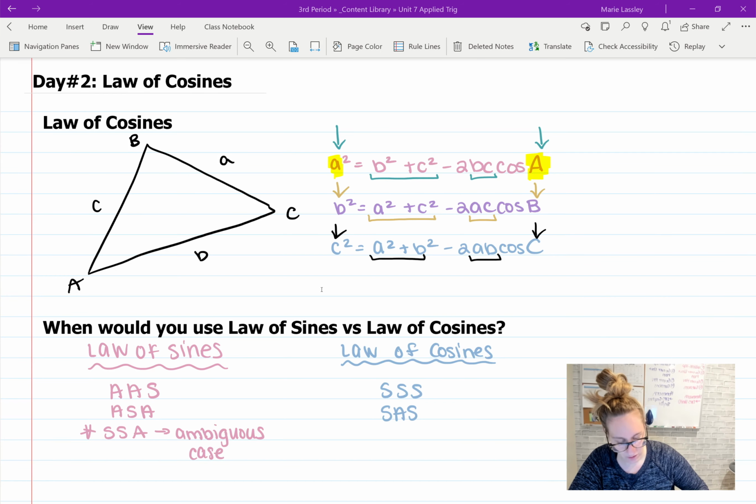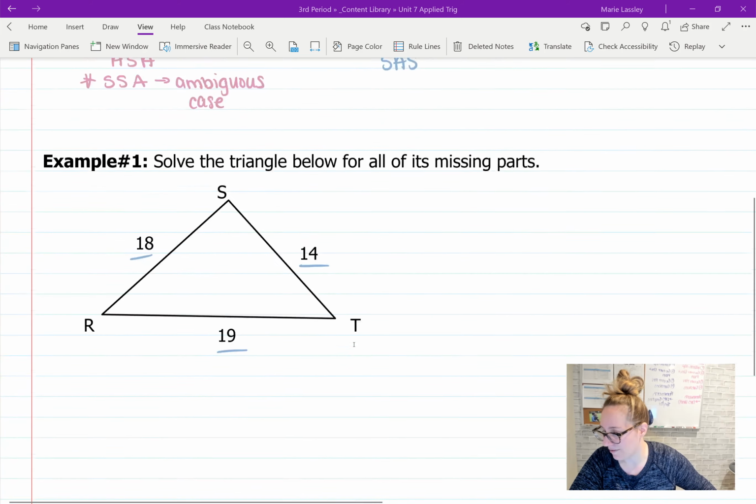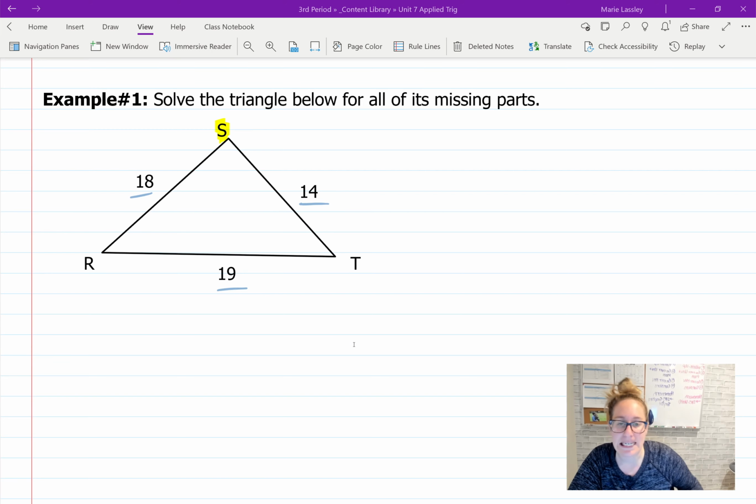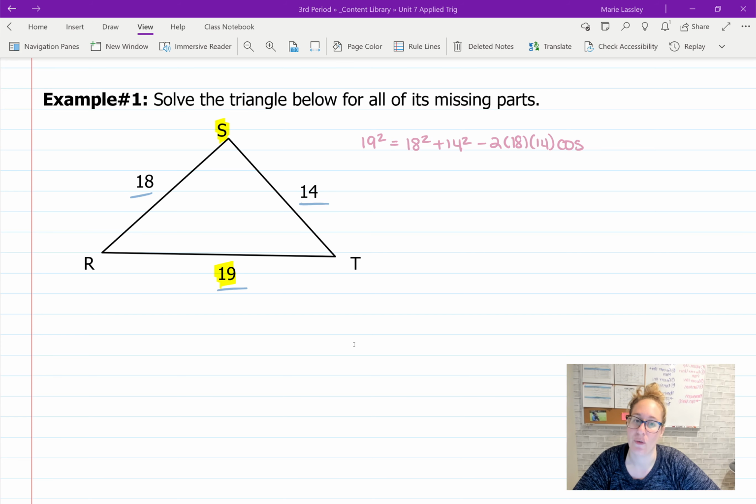So if I'm solving for angle S, then the 19 is the side that's going to go by itself. So it's going to look like this: 19 squared equals 18 squared plus 14 squared minus 2 times 18 times 14 times the cosine of S, which we don't know. I just need to solve this to get S by itself.